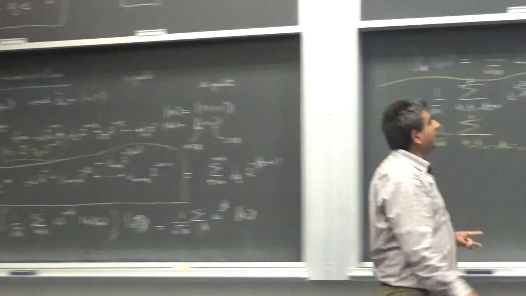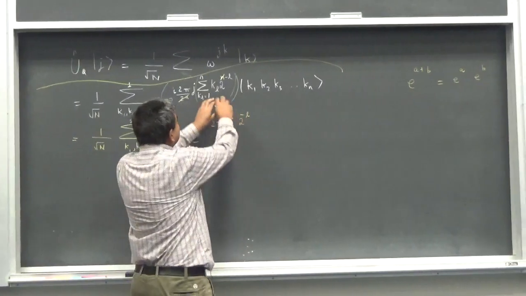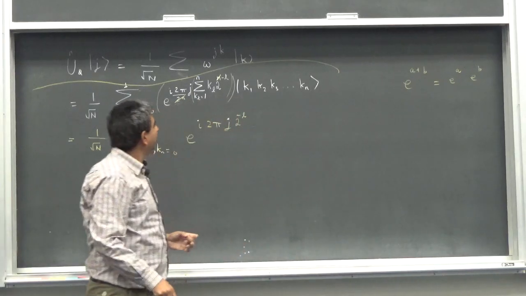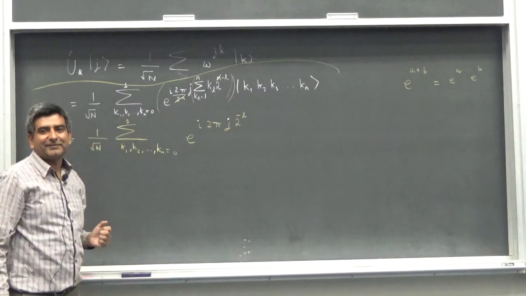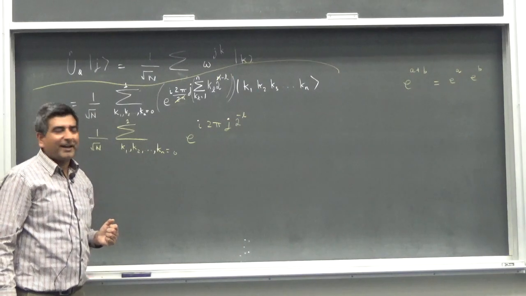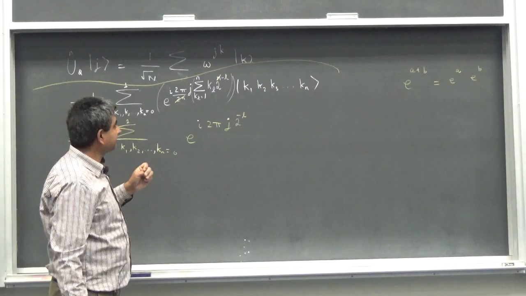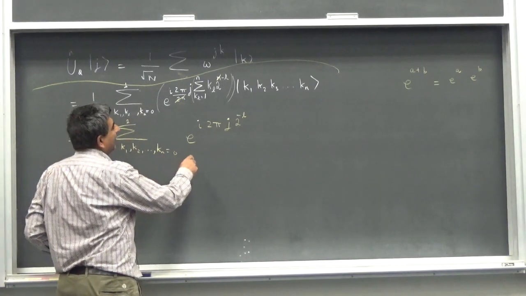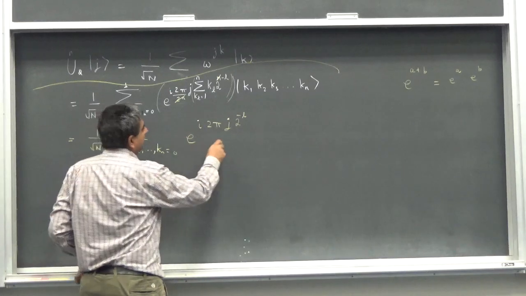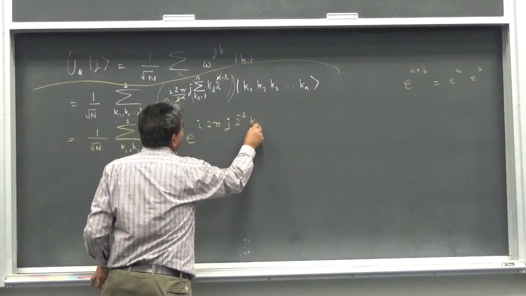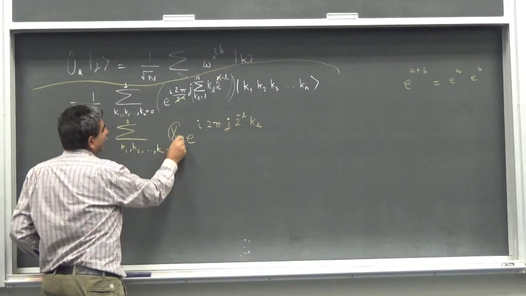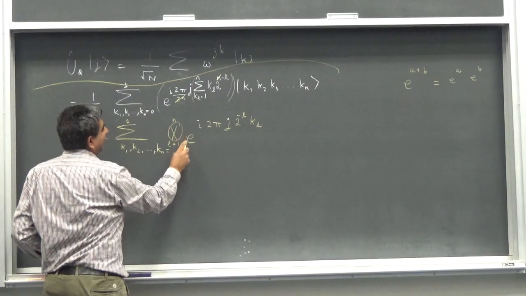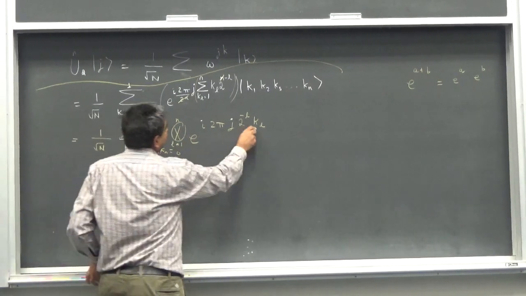So now what we have is, if I were to take the sum of all the k's, k1 plus k2 plus k3 all the way up to kn, I could also write this as a product over k_l, where l is 1 to n, and this k_l is either 0 or 1.